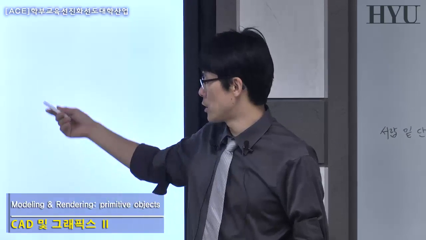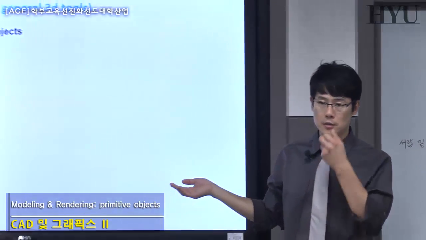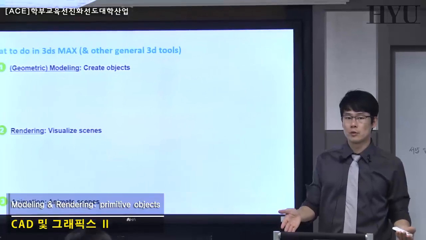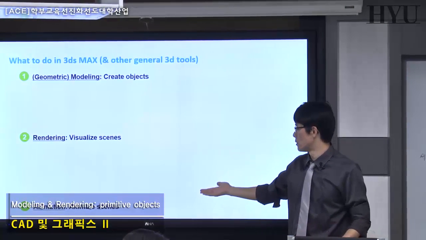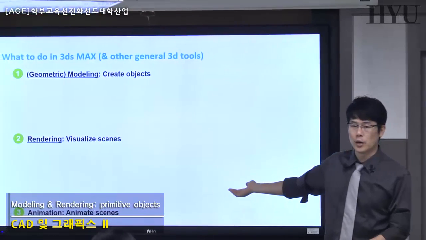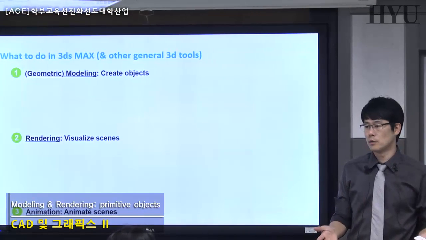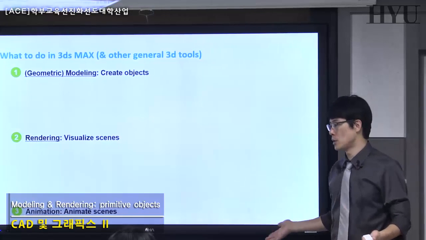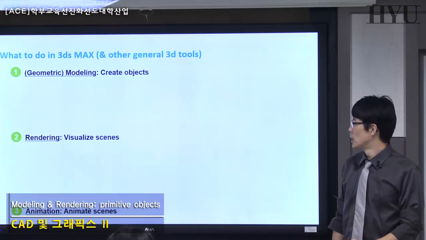Secondly, thirdly, actually they are the same. Secondly, rendering, to visualize your scenes and finalize your design representation. How about animation? A series of renderings, okay? 30 rendered scenes per second. So for 10 seconds, 300 renderings, just for 10 seconds, okay?